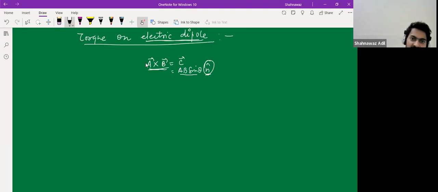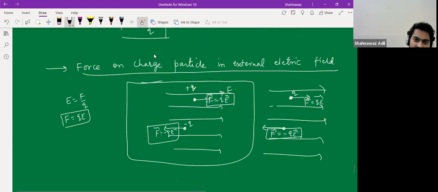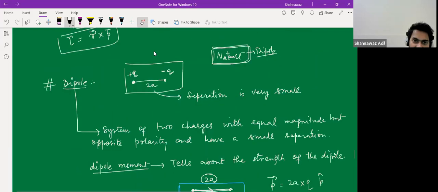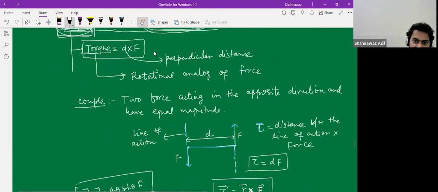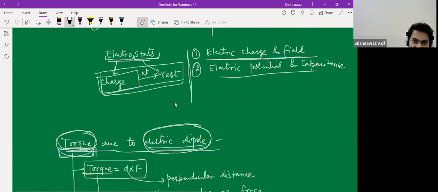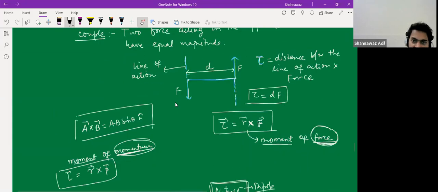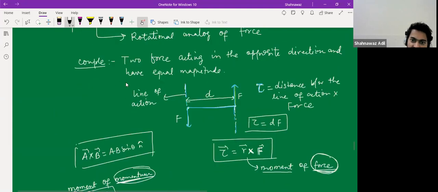So this we needed, and then we talked about this torque. Torque is when couple forces are applied, right? I have talked about this torque. So we have some couple forces, equal forces acting in opposite directions, right?